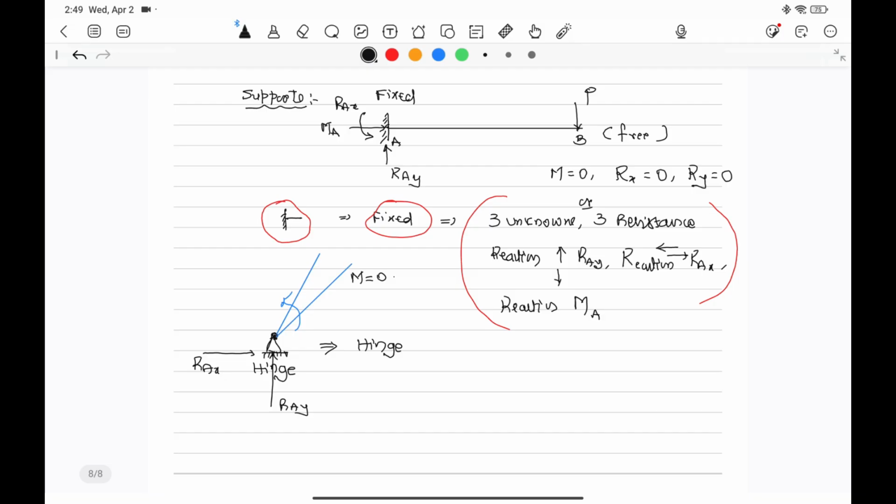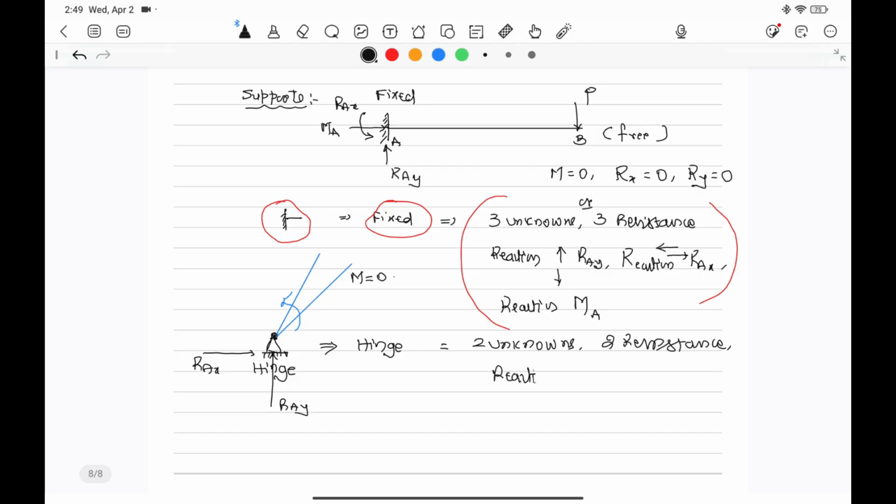Now, in this, 2 unknowns, 2 resistances, because we are resisting it for horizontal movement and vertical movement.